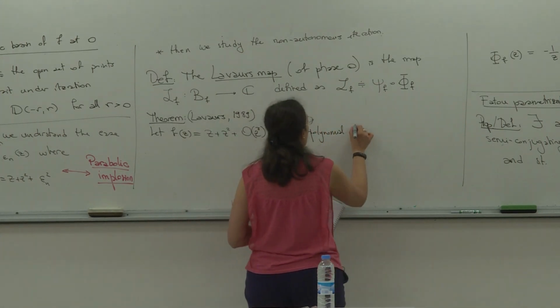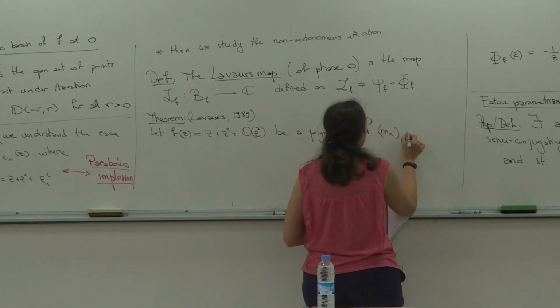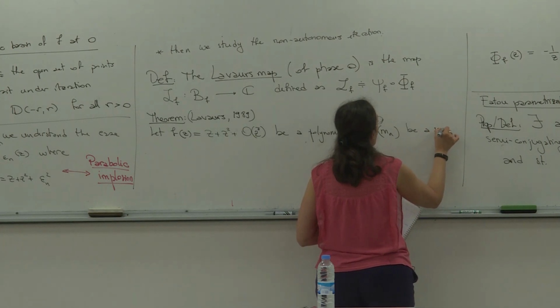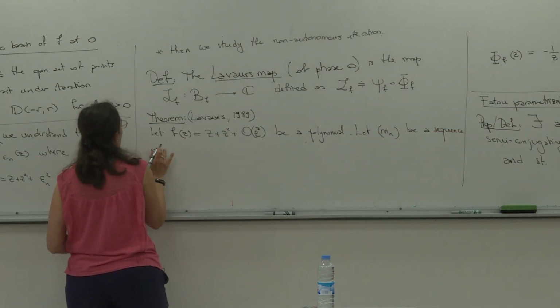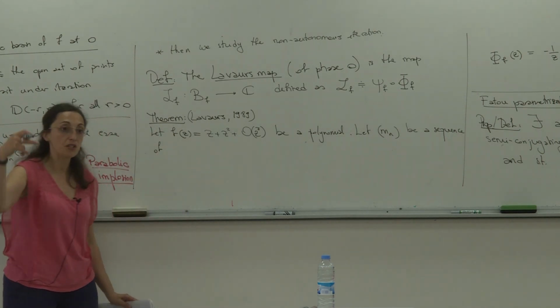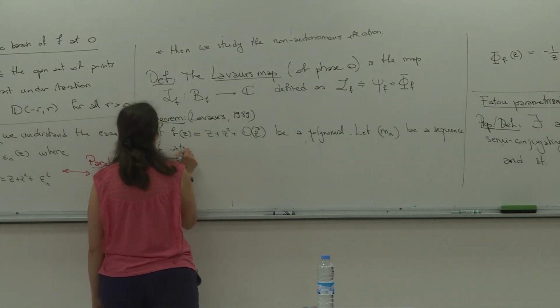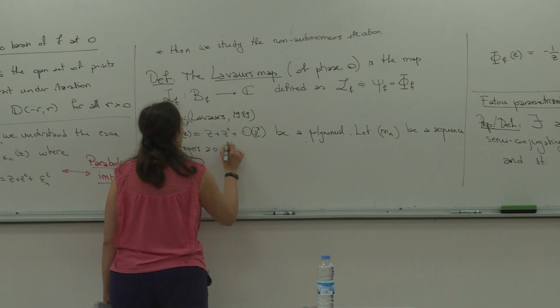And let Mn be a sequence of integers, which are going to tell us the iteration times, tending to infinity.